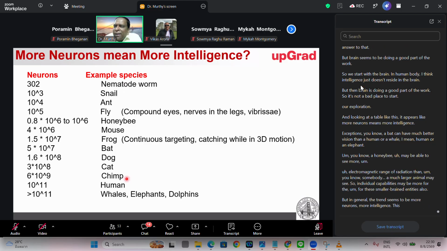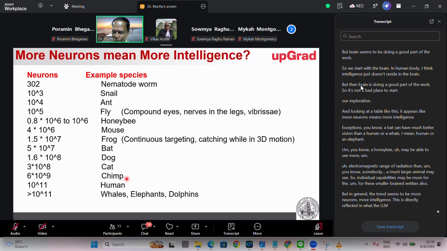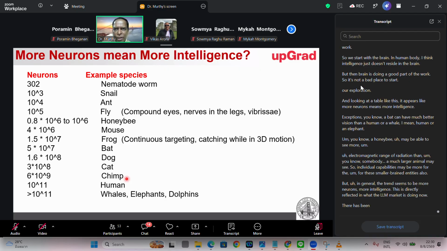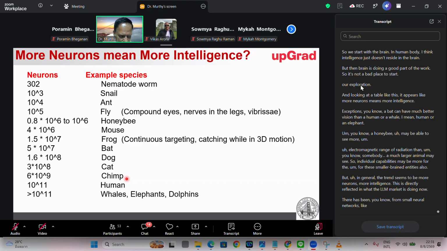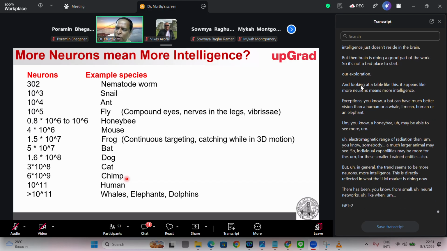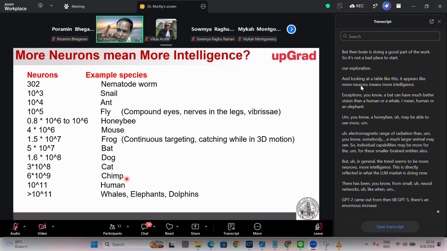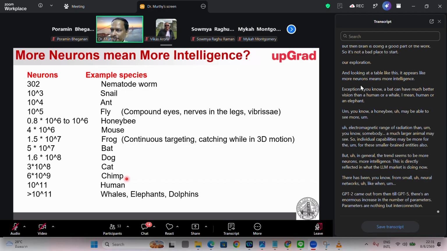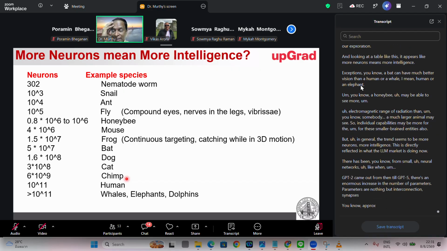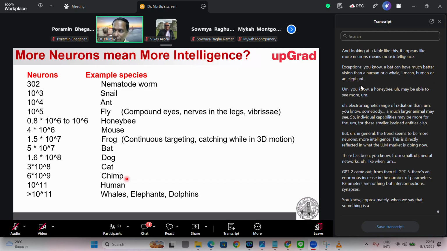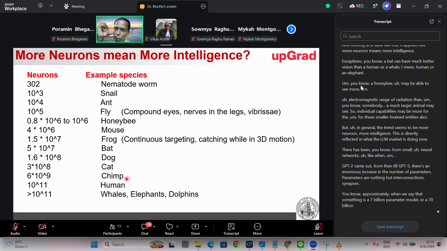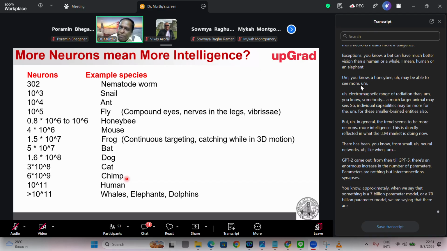This is directly reflected in what the LLM market is doing now. From small neural networks, like when GPT-2 came out, from then till GPT-5, there is an enormous increase in the number of parameters. Parameters are nothing but interconnections, synapses. Approximately, when we say that something is a 7 billion parameter model or a 70 billion parameter model, we are saying that there are 70 billion synapses, approximately.